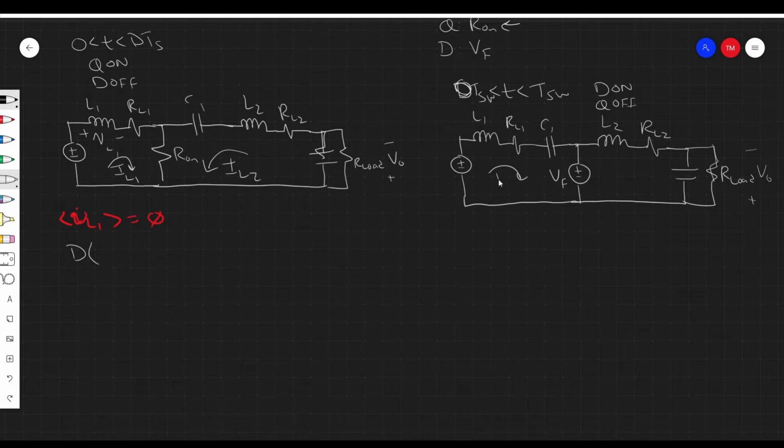And we can do the same thing for here, IL1 and IL2. This is going to be important to know because these currents are going to flow through the resistors and cause voltage drops. So in the first switching state, we choose a direction, and whenever voltages line up with the direction we're going, it's positive. When they are anti-parallel to the direction we're moving in our loop, then it's negative, right?